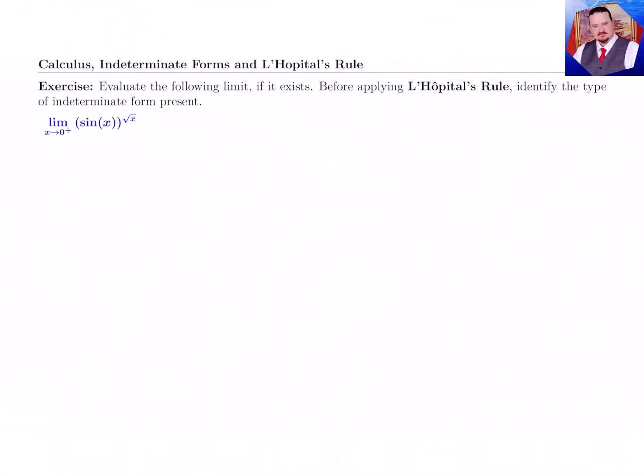Okay, now let's look at this one. This one's another form we haven't seen in this video series yet. So let's look at our two pieces, the base and the exponent. Let's look at the base of this exponential function. The limit as x goes to 0 from the right of sine x, that's just 0.